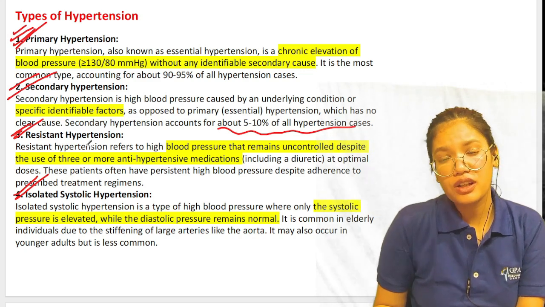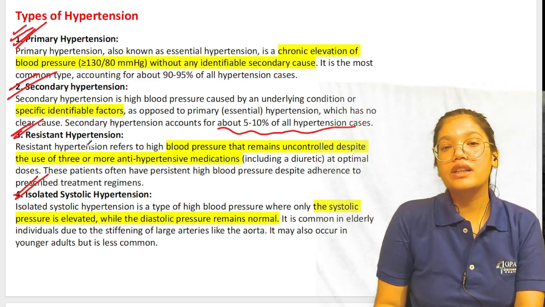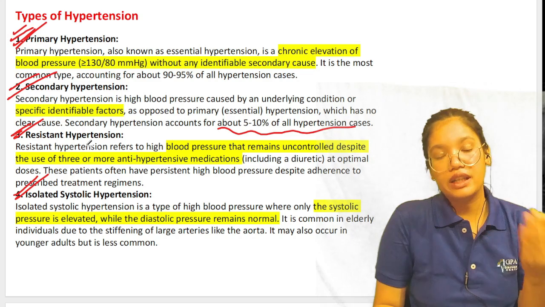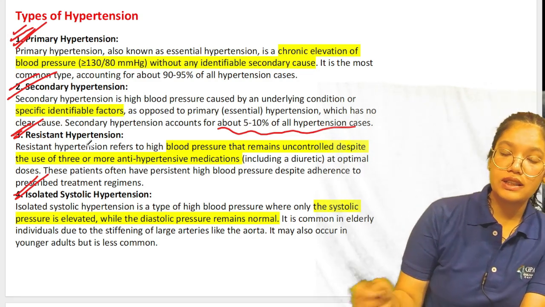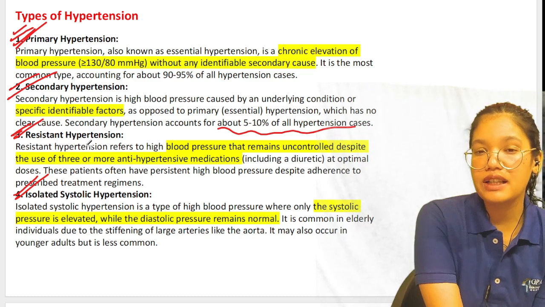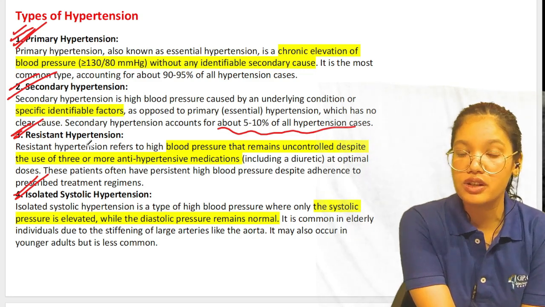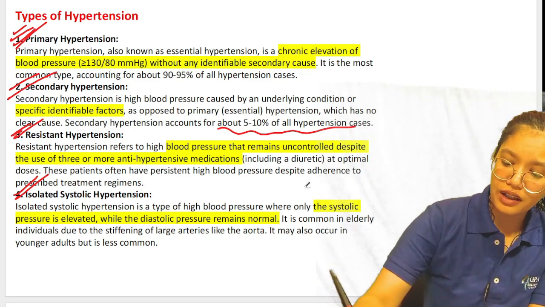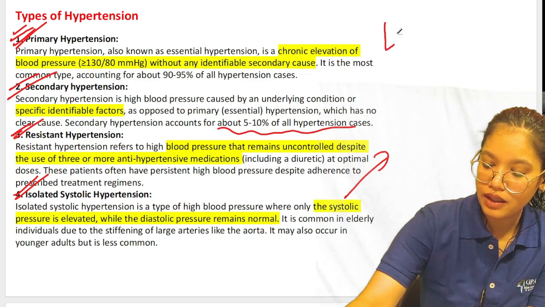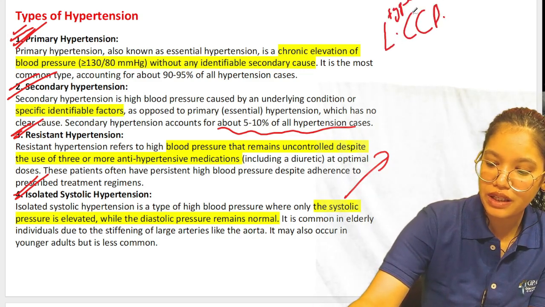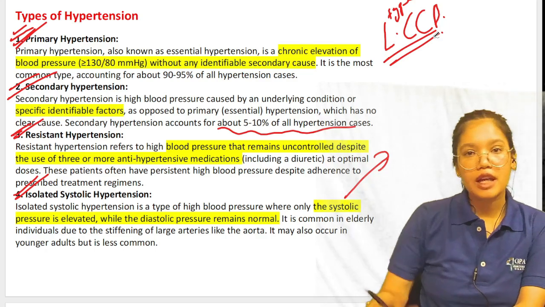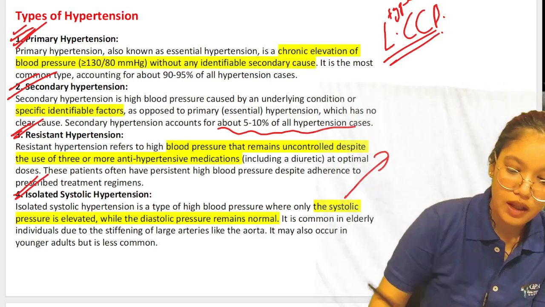This is a special condition where only the systolic pressure increases, and the diastolic remains constant. This type of hypertension is basically seen in elderly patients. L-type calcium channel blockers are the best medications for this type of hypertension.